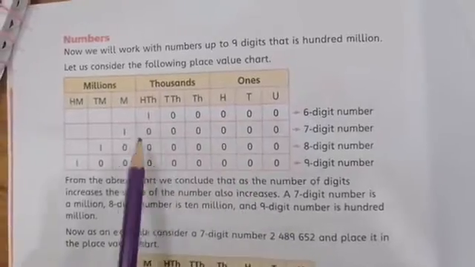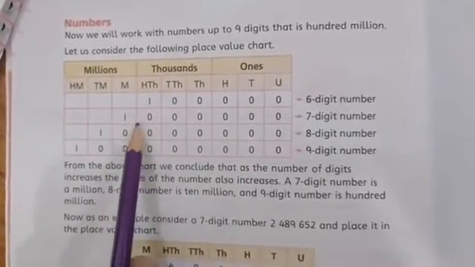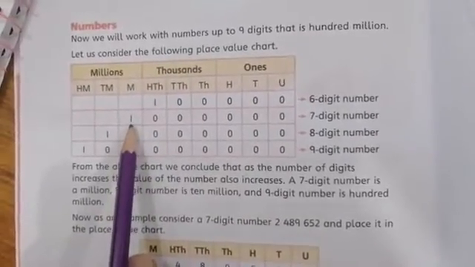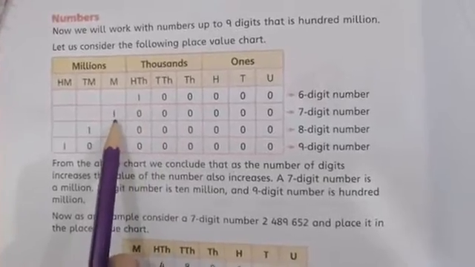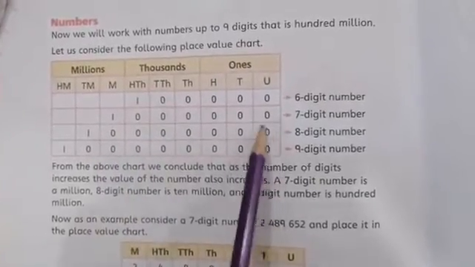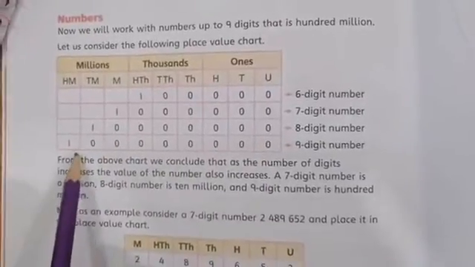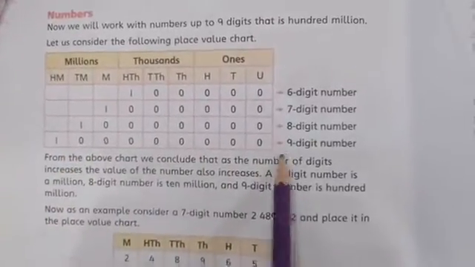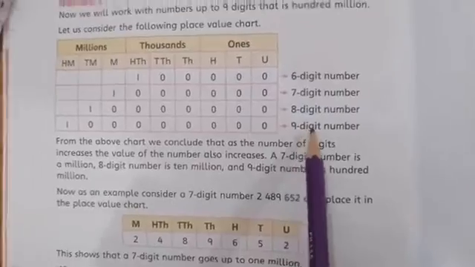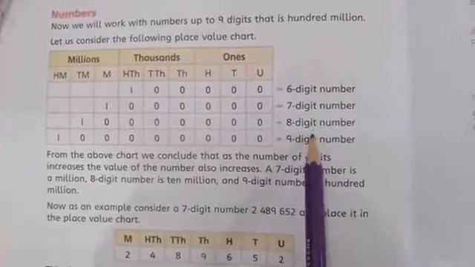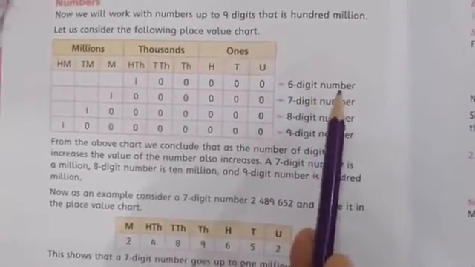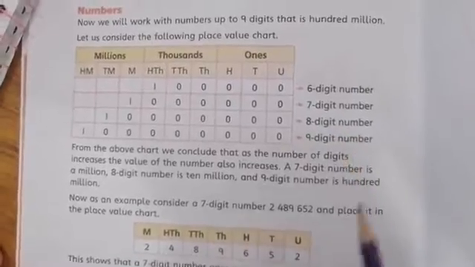In the second column it is 1 million, in the third it is 10 million, and the last one is 100 million, which is a 9-digit number. You must keep all this information in your mind.